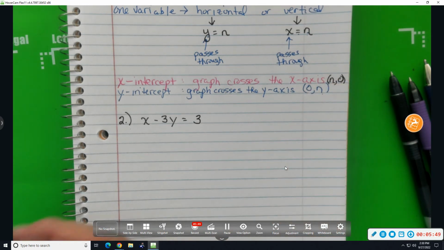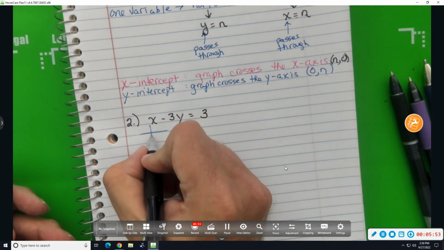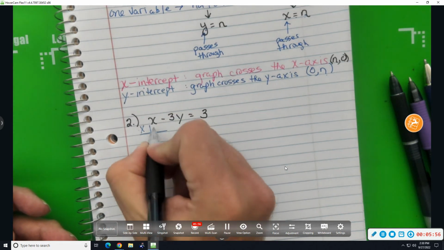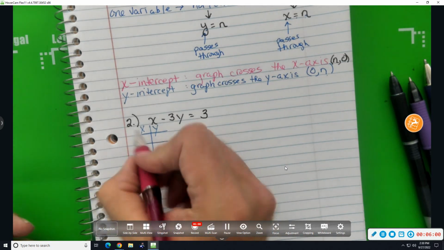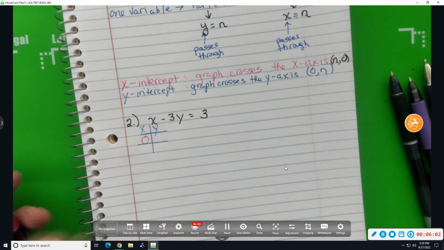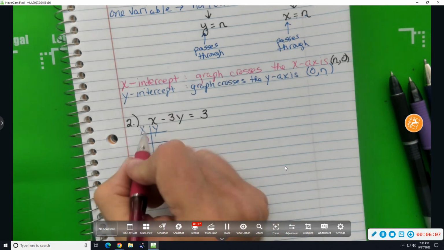So when I'm told to find the intercepts, I usually make a table. I think that's how we did number 1 in the homework assignment last time. Do y'all remember that? They had the little table. They put a 0 for x and then a 0 for y.